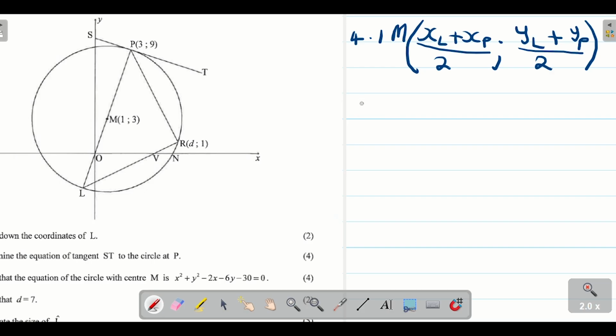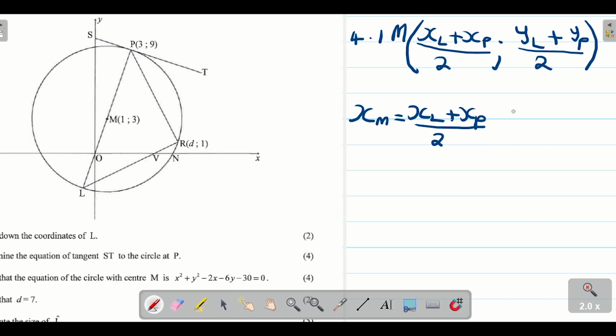So we say the x value of the midpoint, or the x value of M, equals the x value of L plus the x value of P, divided by 2.